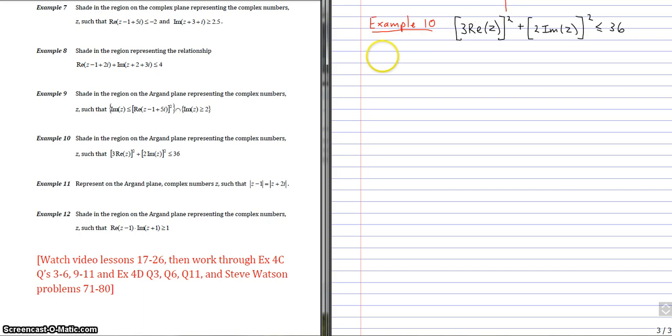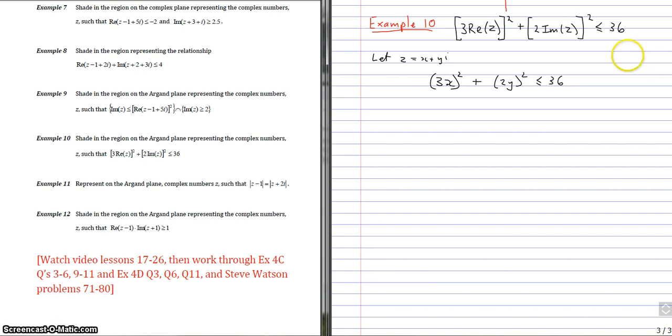Now, by letting z equal x plus yi, we can see that this inequation is going to translate to 3 times the real part of z, which is x, so 3x, all squared, plus the imaginary part of z times 2, which is 2y, all squared, is less than or equal to 36.